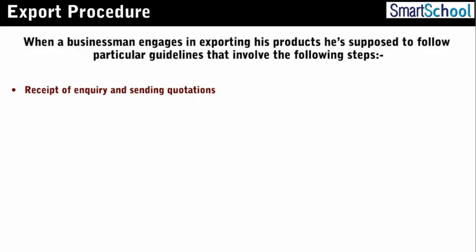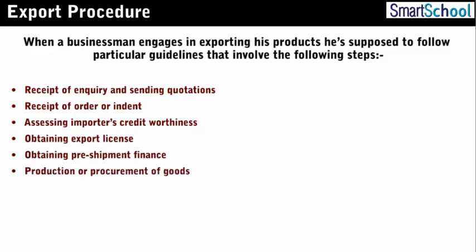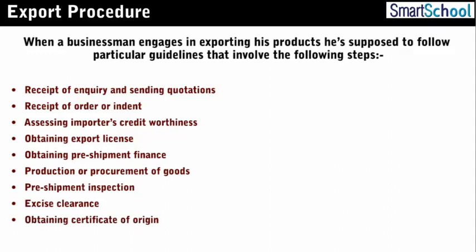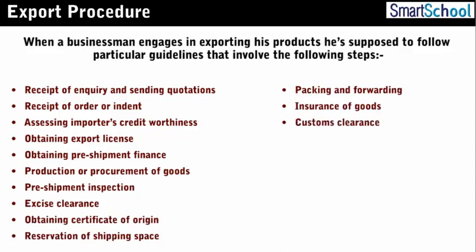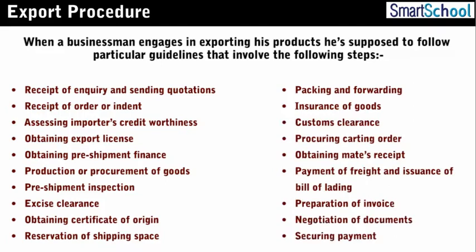They are receipt of enquiry and sending quotations, receipt of order or indent, assessing importer's creditworthiness, obtaining export license, obtaining pre-shipment finance, production or procurement of goods, pre-shipment inspection, excise clearance, obtaining certificate of origin, reservation of shipping space, packing and forwarding, insurance of goods, customs clearance, procuring carting order, obtaining mate's receipt, payment of freight and issuance of bill of lading, preparation of invoice, negotiation of documents, securing payment. Let us now study these steps in details.